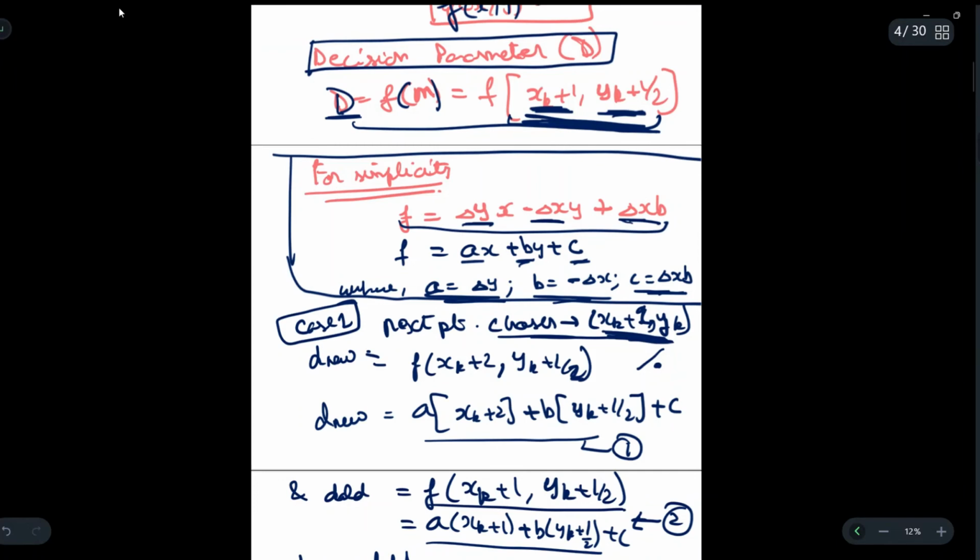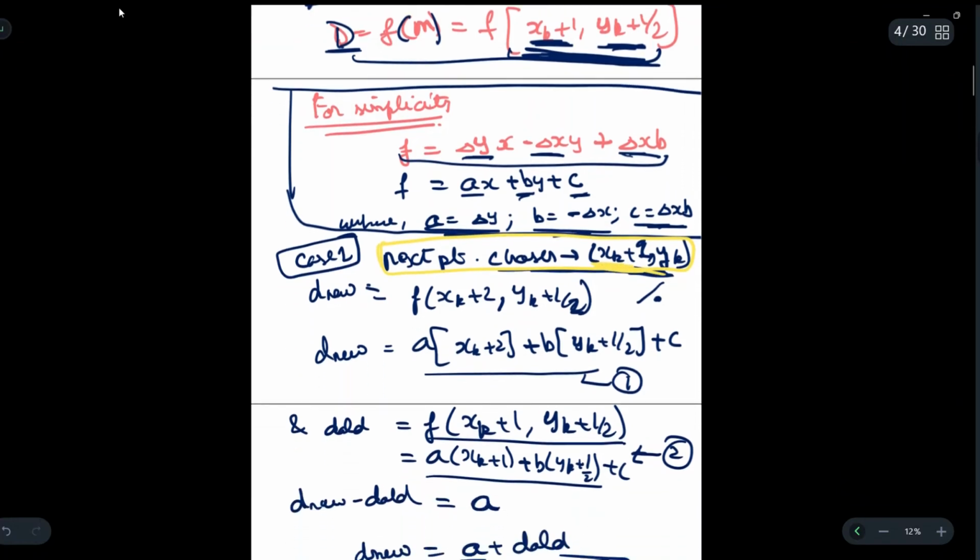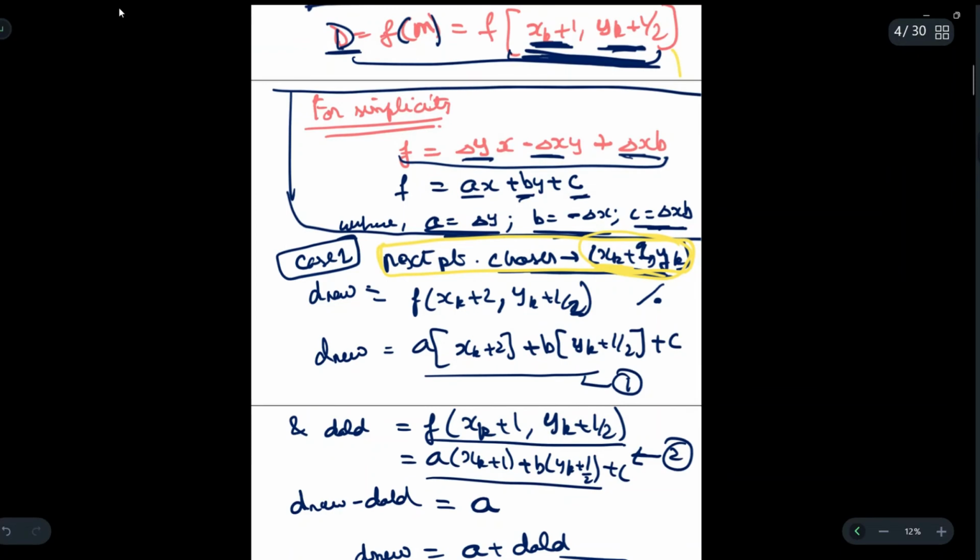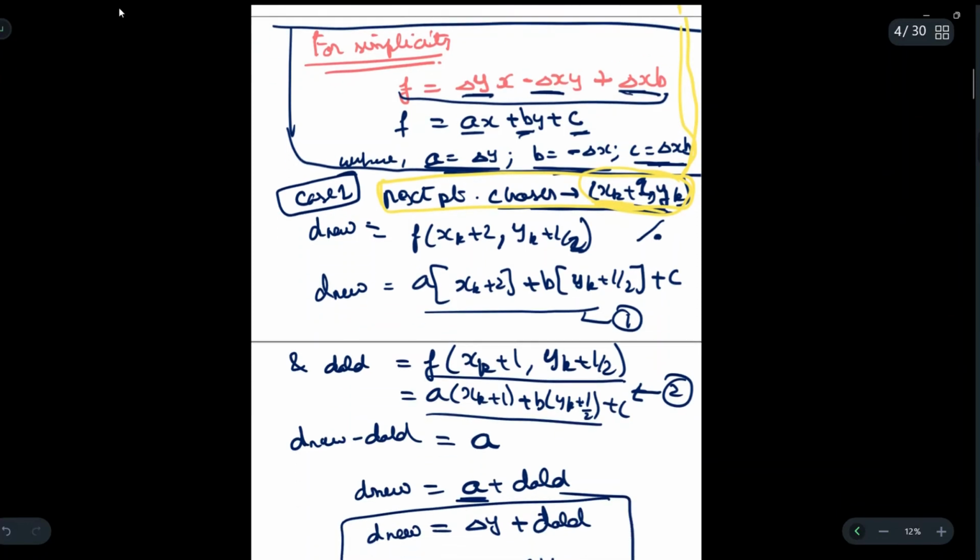In case 1 we took the point xk plus 1 and yk, that is the point below the line. On doing that, we found d new; we simply substituted these values into this equation, and on doing so you will get your d new as this.